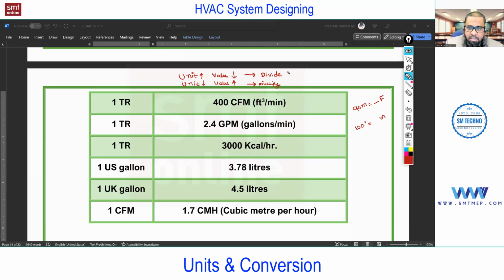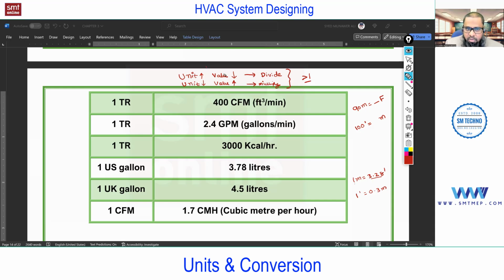But now the condition is this rule is applicable only when the conversion value is greater than 1. For example, we have these 2 conversions. 1 meter equal to 3.28 feet. Similarly, we have 1 feet equal to 0.3 meter. So 1 meter equal to 3.28, and 3.28 is greater than 1.